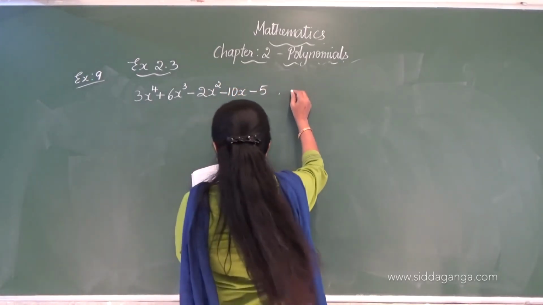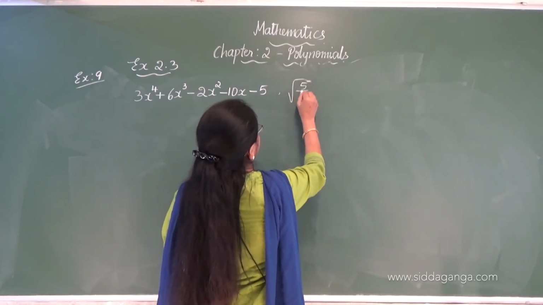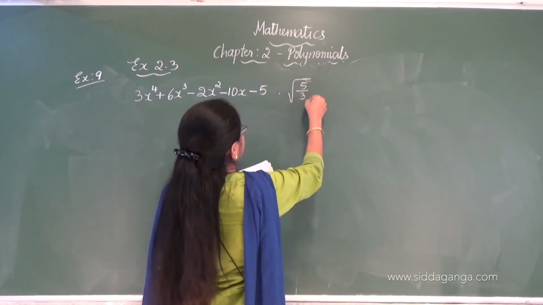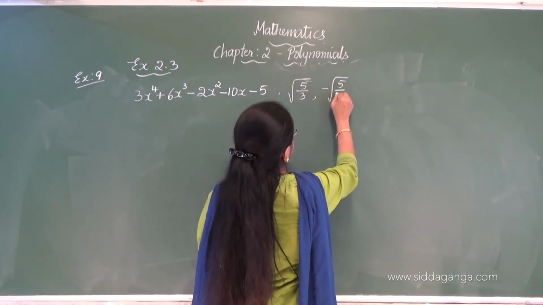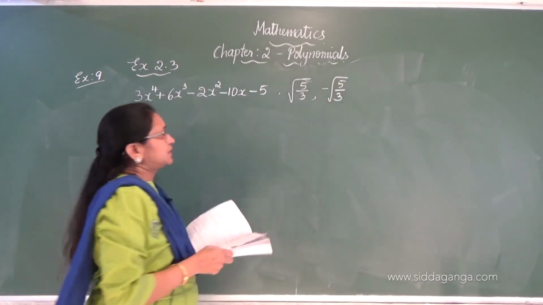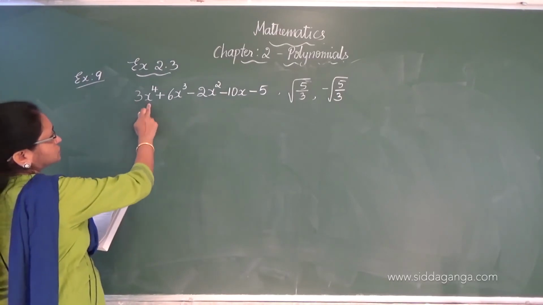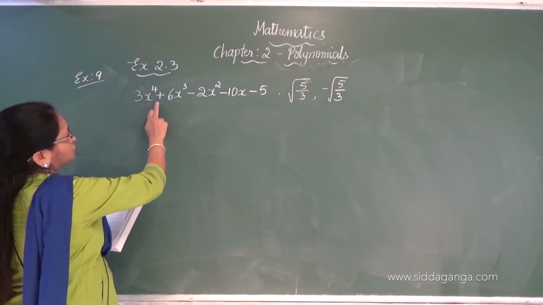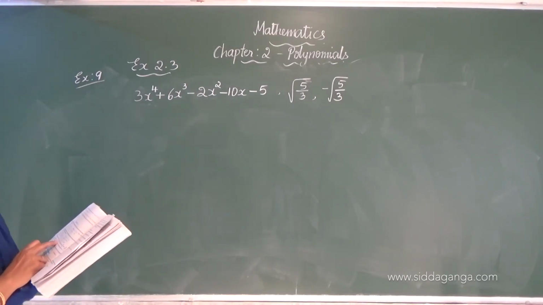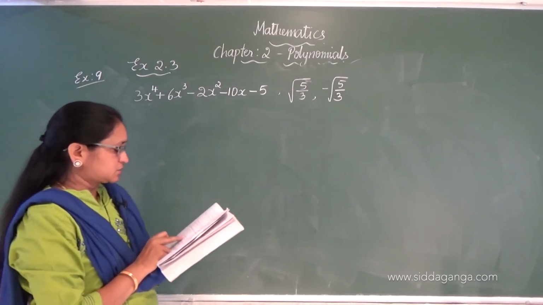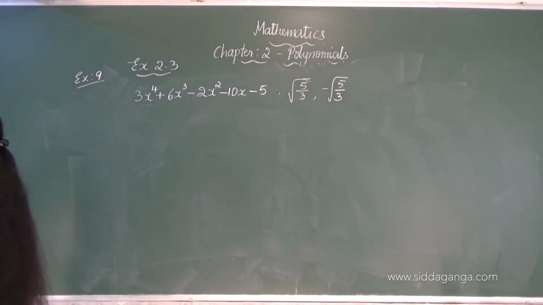The two zeros they have given are root 5 by 3 and minus root 5 by 3. It seems very difficult, but it is easy. It looks very difficult, that's it: 3x⁴ + 6x³ - 2x² - 10x - 5, and root 5 by 3 and minus root 5 by 3 are the zeros.